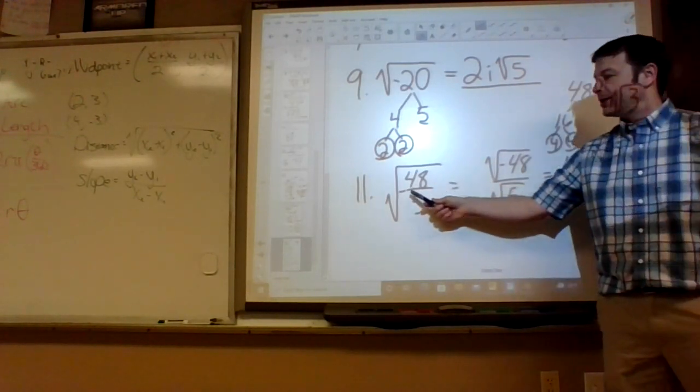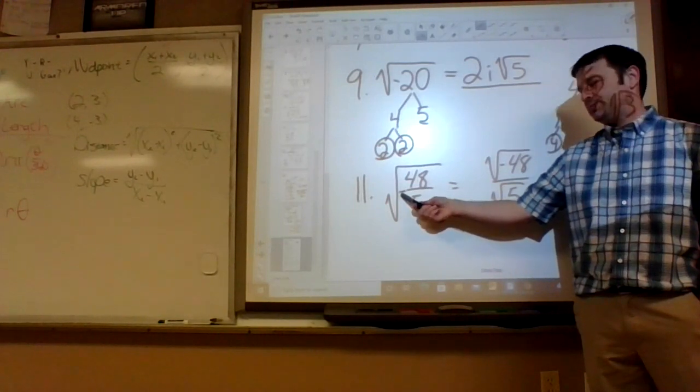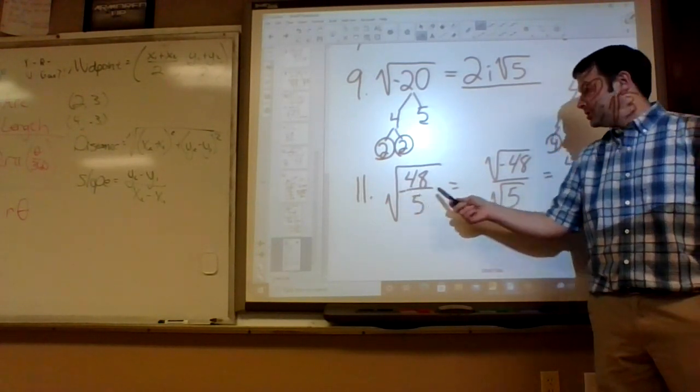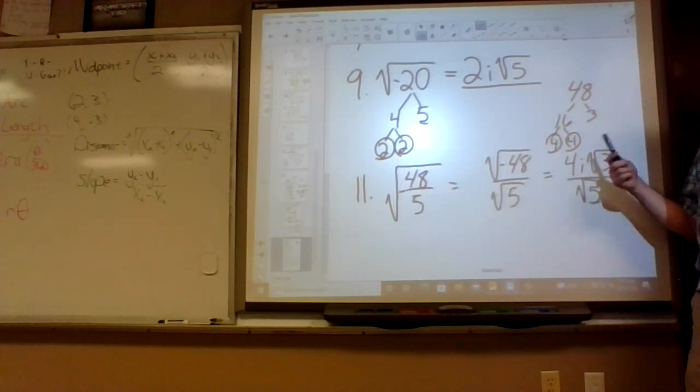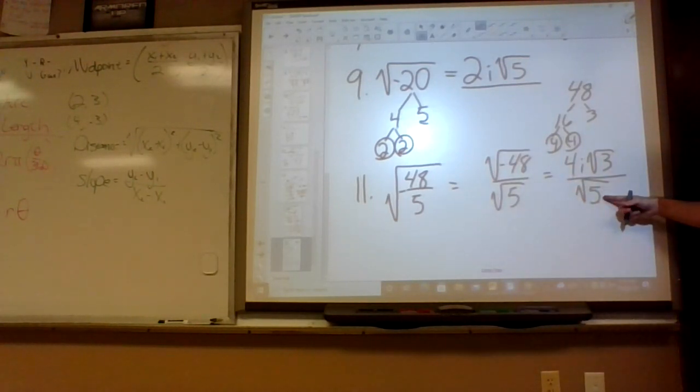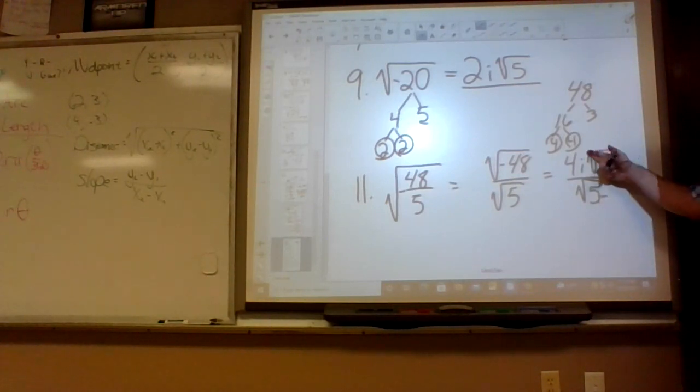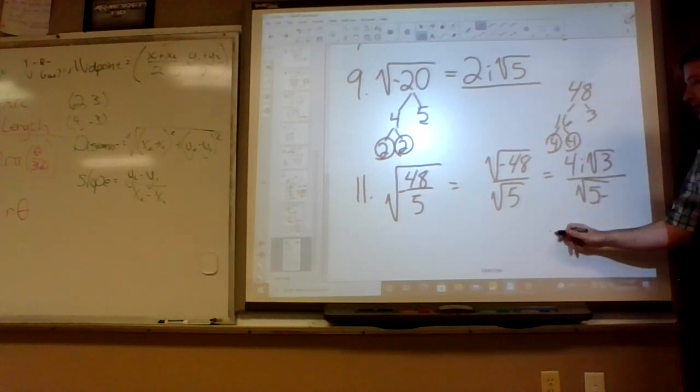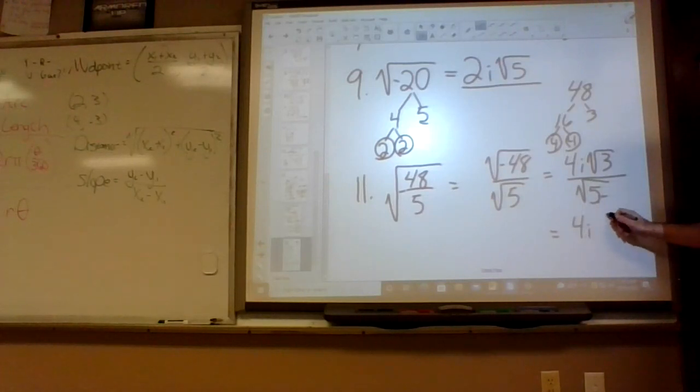Again, if you want to use your calculator, just plug it in without the negative. Some calculators can do the negative, and it would do everything except put the i in there for you. Just put an i. What do I do about the square root of 5? Multiply top and bottom by square root of 5. Square root of 3 times square root of 5, you can multiply those together, is square root of 15.